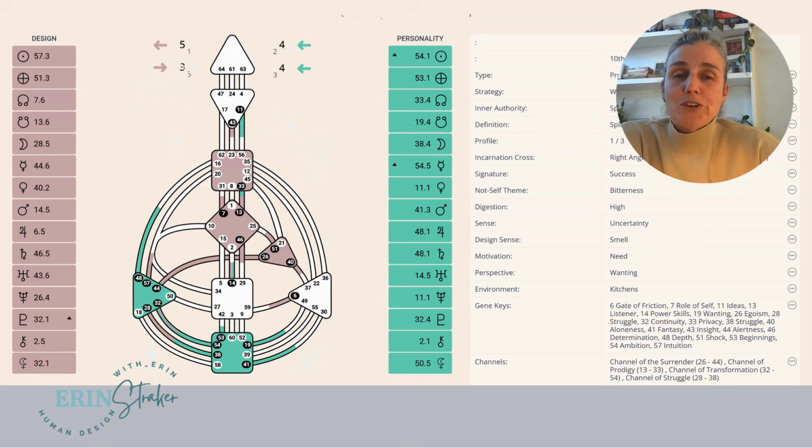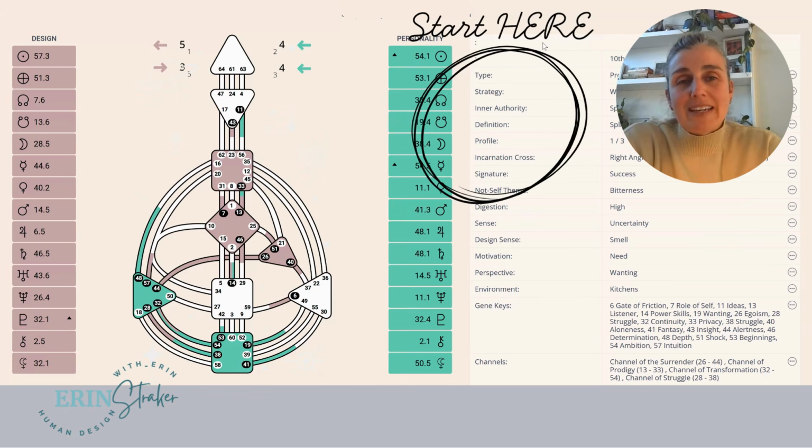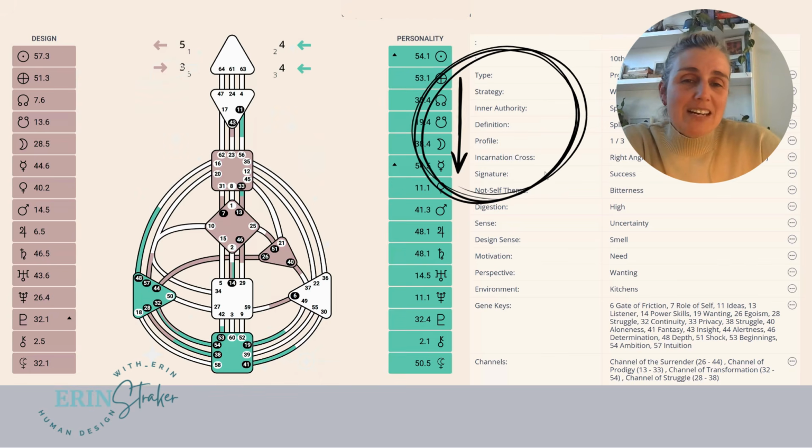Right. So the first thing when I am looking into understanding my human design, you really want to start with what's written over here. This is your check-off list, and you want to only go down to the next step once you understand it. So you want to start with your type.